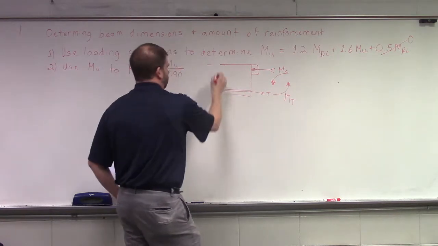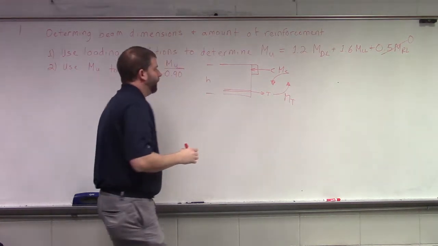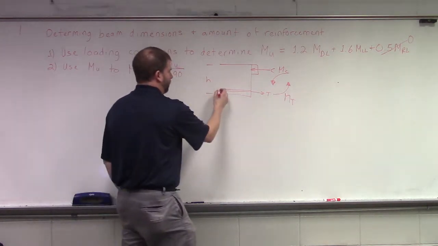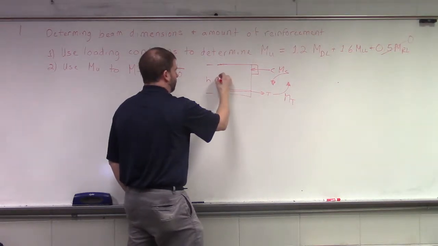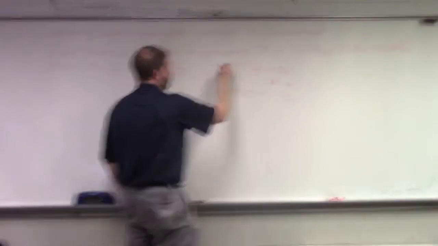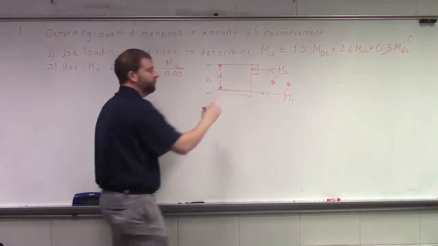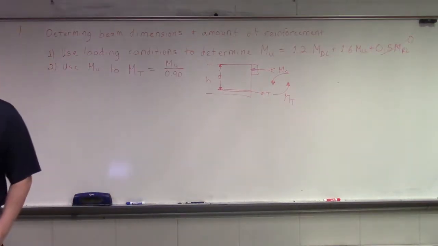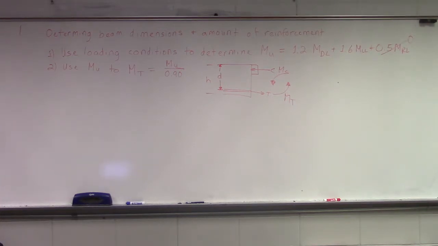And then remember that we have some height for our beam, and how we're calculating things is we're calling this distance little d, the distance from the face of the beam to the midpoint of the reinforcing steel. Okay?